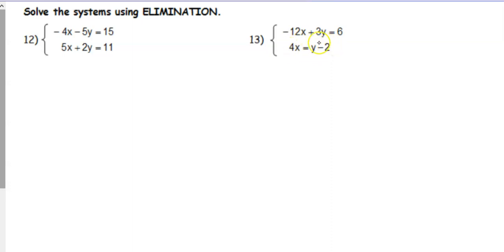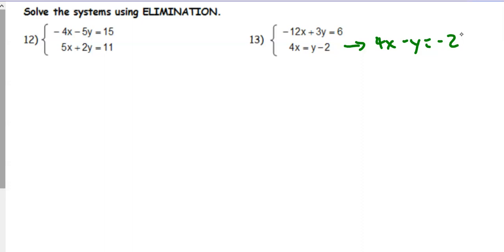So before I can do anything, I need to get this y to the other side. So I first need to change my equation by subtracting over y. Now, I really didn't change it. That's not the correct word to use there.